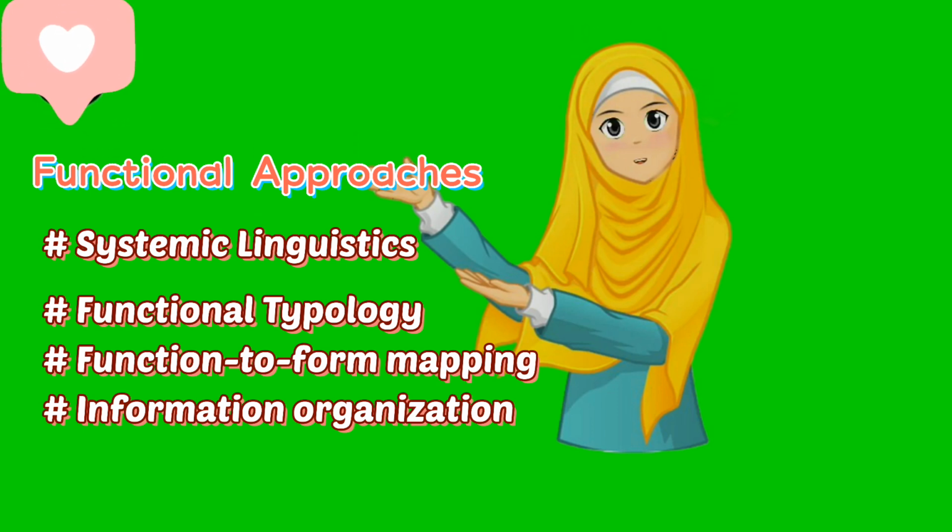and then systemic linguistics. Systemic linguistics has been developed by M.A.K. Halliday beginning in the late 1950s. This is a model for analyzing language in terms of interrelated systems of choices that are available for expressing meaning.